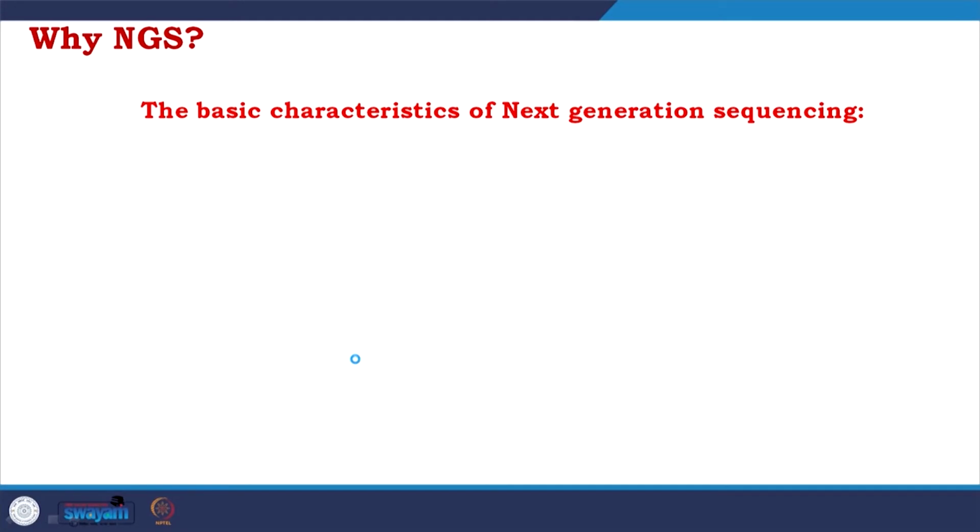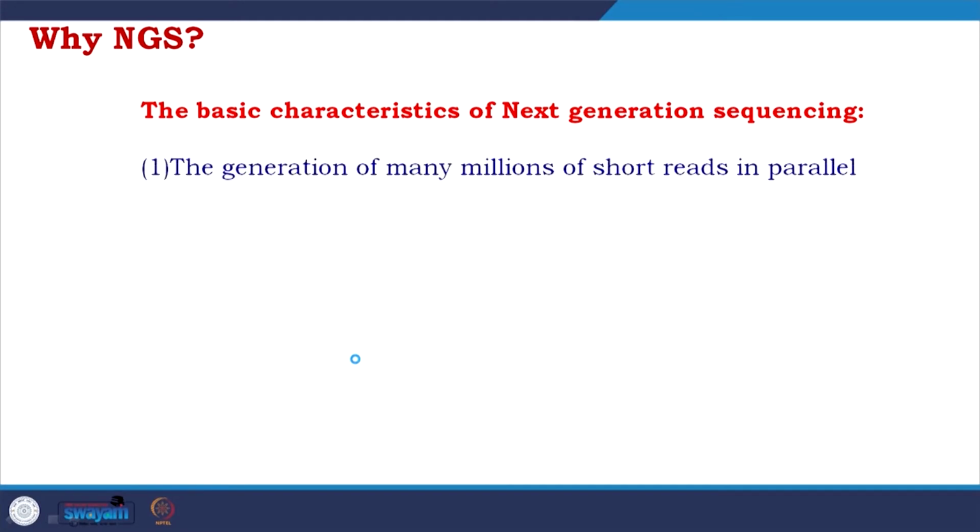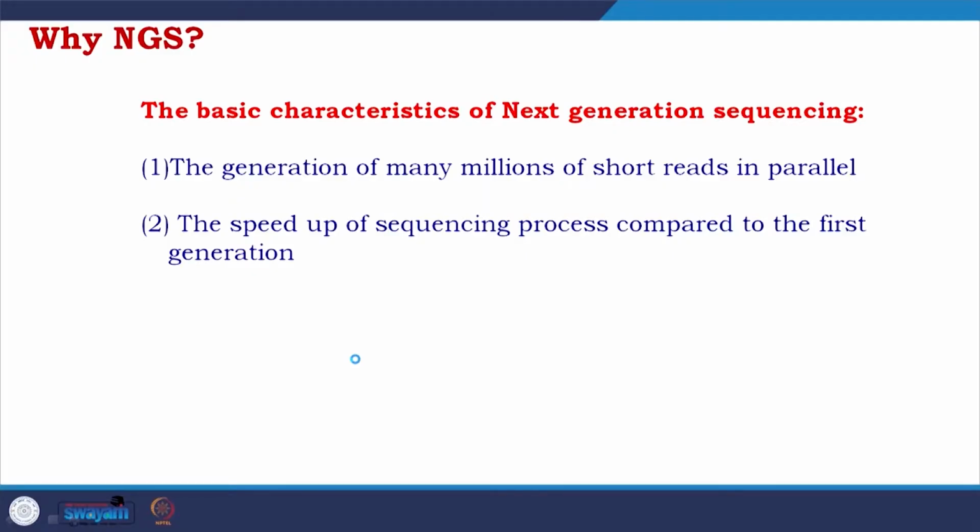So what were the basic characteristics of next generation sequencing? One, the generation of many millions of short reads in parallel. As I was saying, instead of one Sanger, if you perform 1000 Sanger parallelly, it would be much better. Two, the speed up of the sequencing process compared to the first generation. What are the first generation? They are Maxam Gilbert and Sanger sequencing.